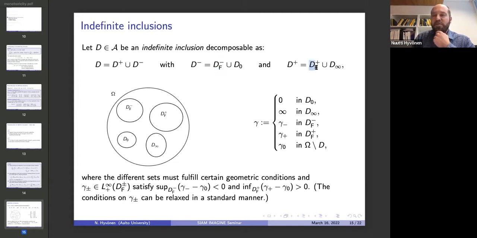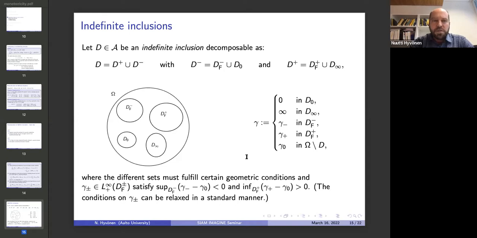And the other way around, the more conductive inclusion has a part that is finite, and then an ideally conducting part. Then I define the whole conductivity for which I'm trying to locate D, so that the conductivity is 0 in D naught, infinity in D infinity, and then I have some finite perturbations in these D finites, and then I have the background conductivity.